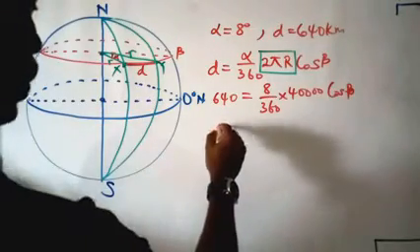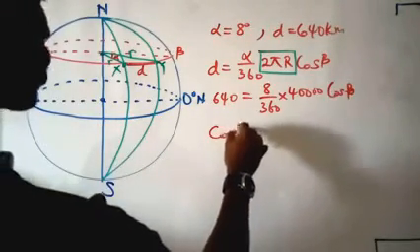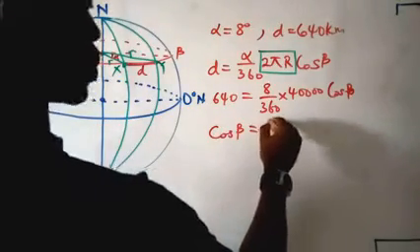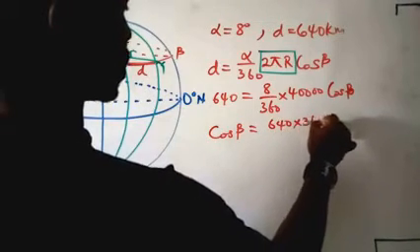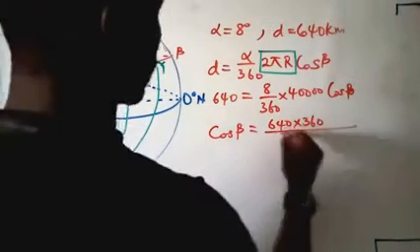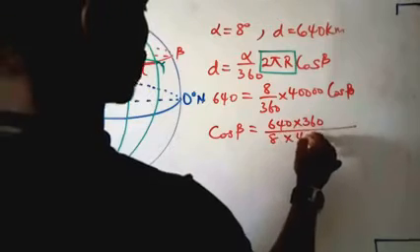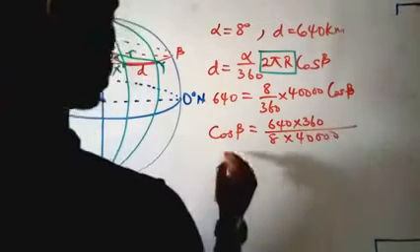So you just cross multiply and you will see that your cos beta will be equal to 640 times 360, which will be over 8 times 40,000.